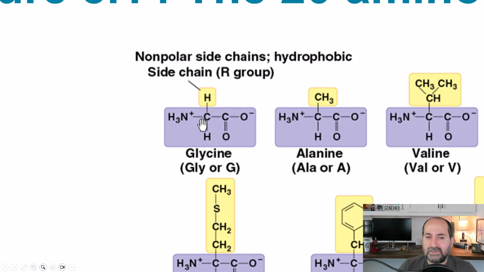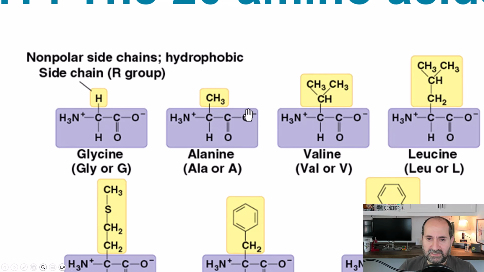You have your alpha carbon, you have your hydrogen. And so do you see why this is shaded in purple here or lilac color? Yes, that's because this is the backbone, right? What would that make this second hydrogen then? That would make it the side chain or the R group.